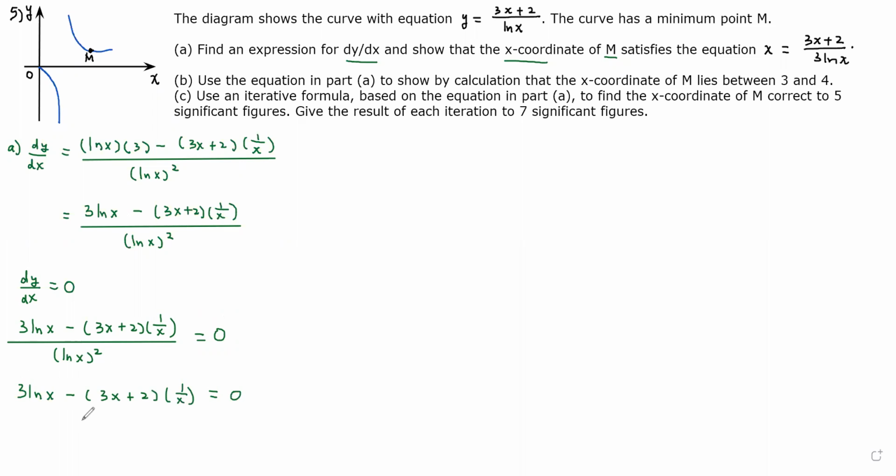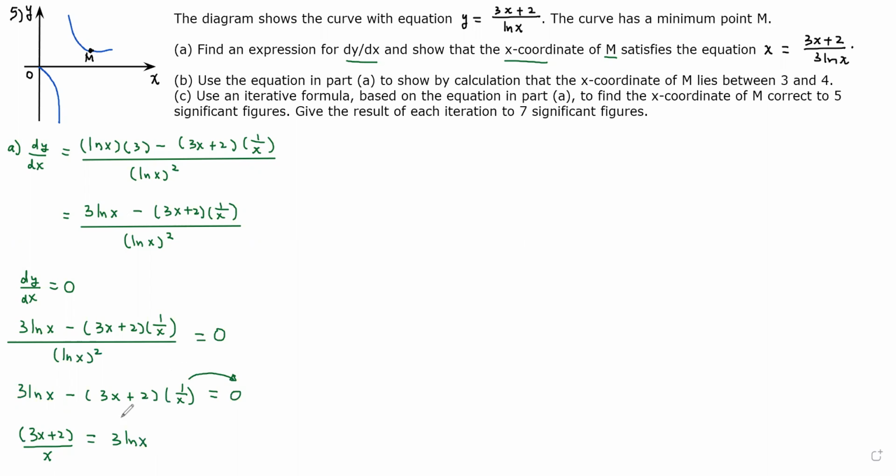This is 0. And we can rearrange this equation so that (3x plus 2) times 1 over x, we can write this as (3x plus 2) over x, equals 3 ln x.